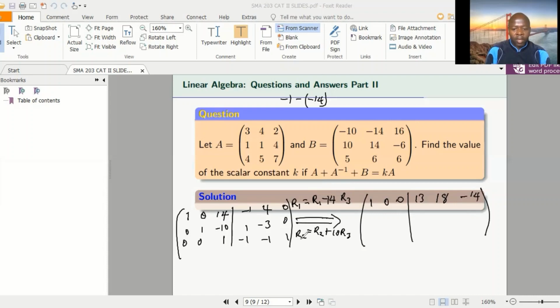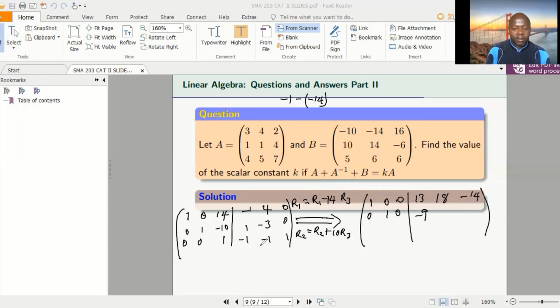Now, we are multiplying by 10 and adding the results. So this by 10 added to that is 0. This by 10 added to that is 0, 1. This by 10 added is 0. This by 10 is negative 10. Added to 1, get negative 9.